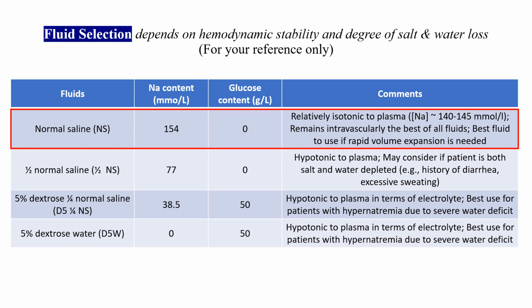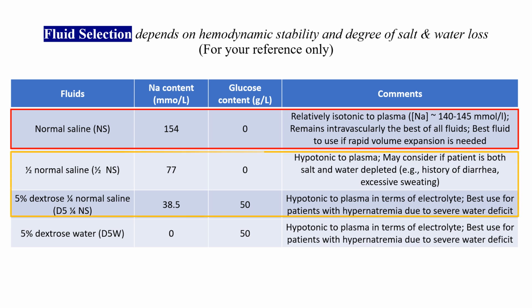Of note, patients with hypernatremia and hemodynamic instability tend to have serum sodium concentration much greater than that of normal saline. The use of normal saline, therefore, can still lower patients' serum sodium.